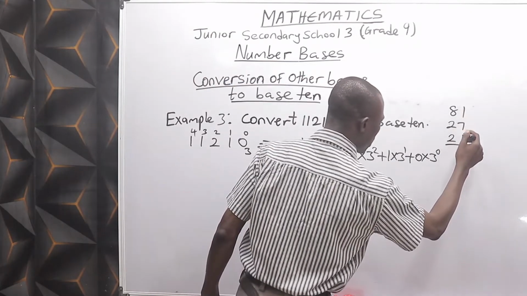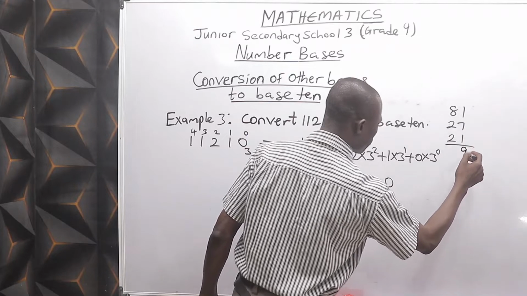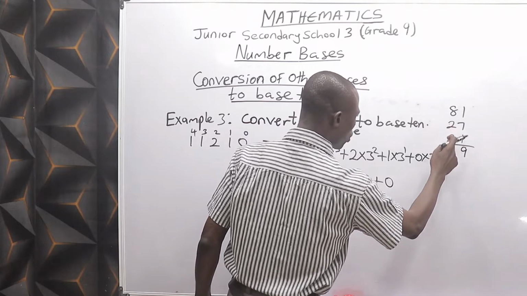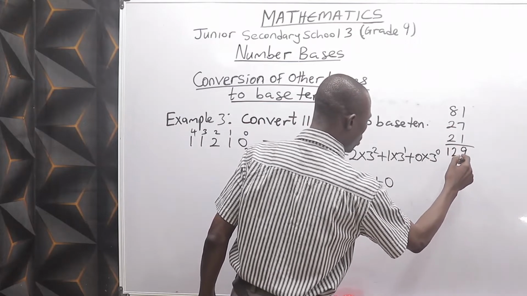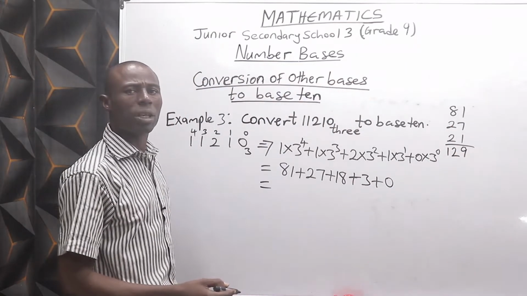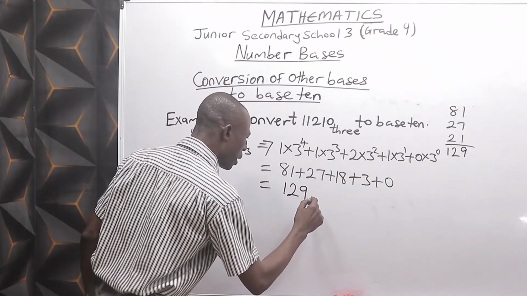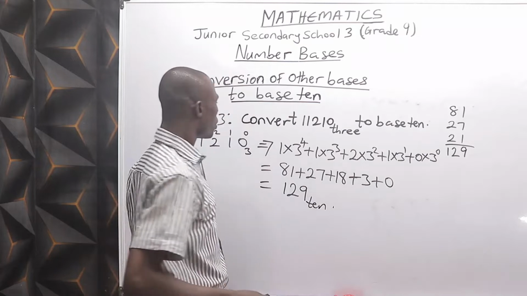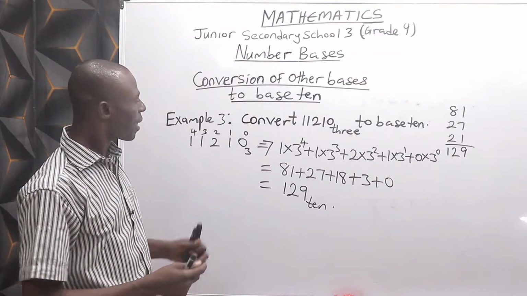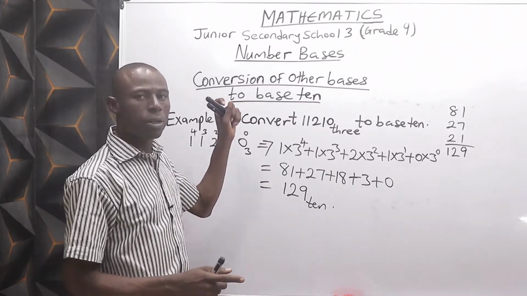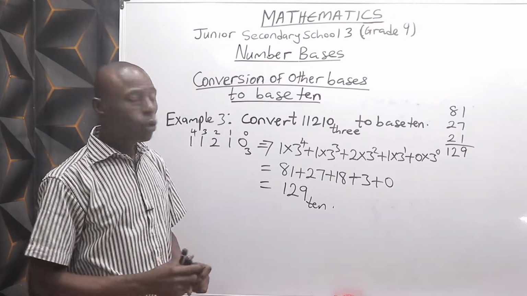So 1 plus 7 plus 1, that's 9. 8 plus 2, that's 10, plus 2, that is 12. So the answer is 129 base 10.